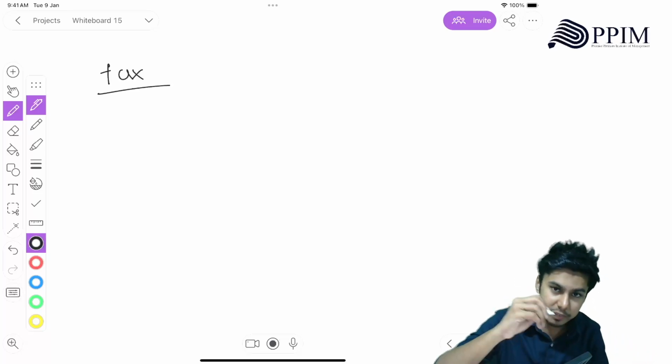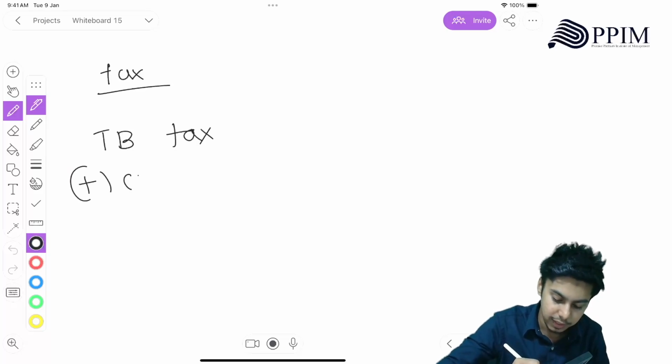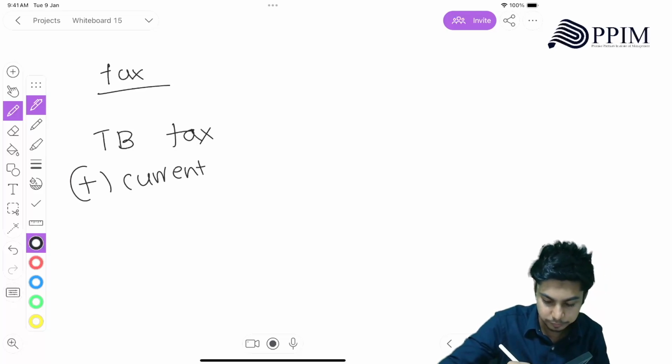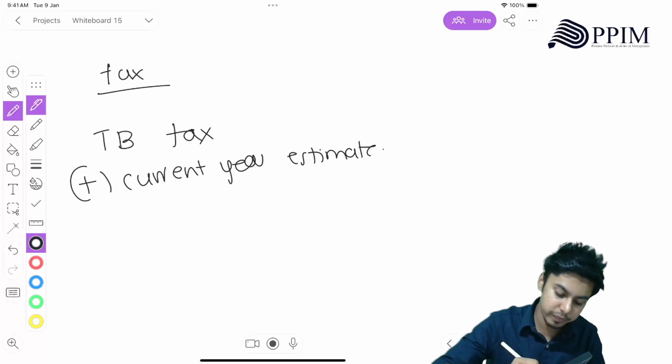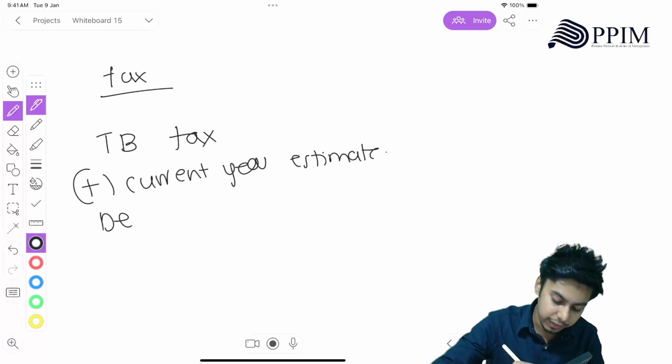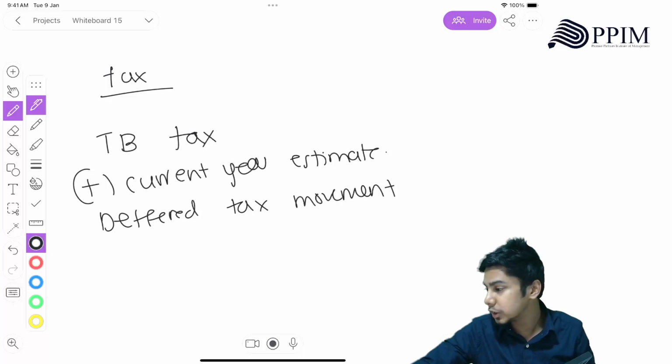First, I have an equation. Copy this equation down if you want. TB tax plus current year estimate, and then guys we have deferred tax movement.